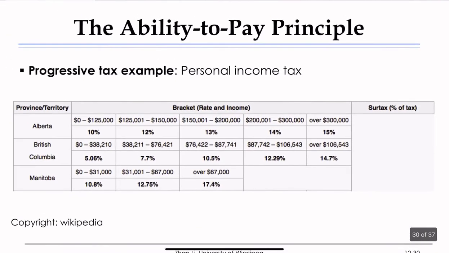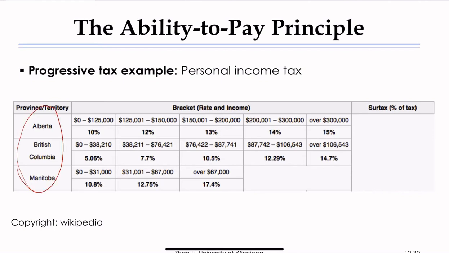Now, a progressive tax example. Well, this is pretty easy to find because most income tax systems are progressive tax systems. The following table gives us the personal income tax in three Western Canadian provinces.